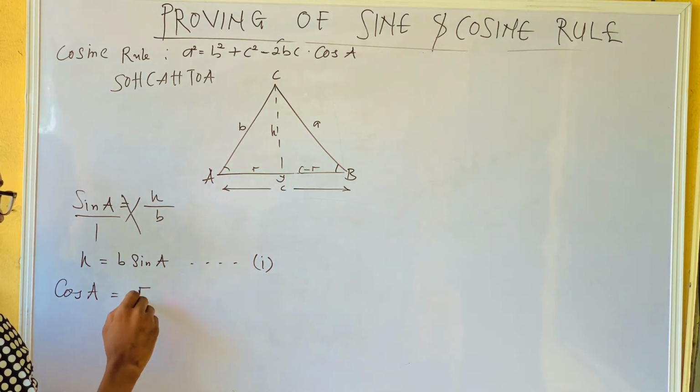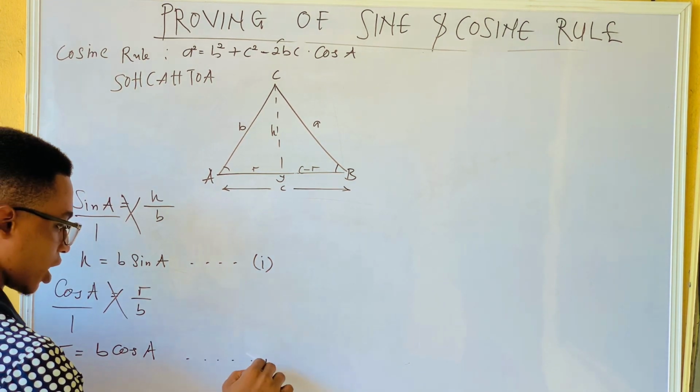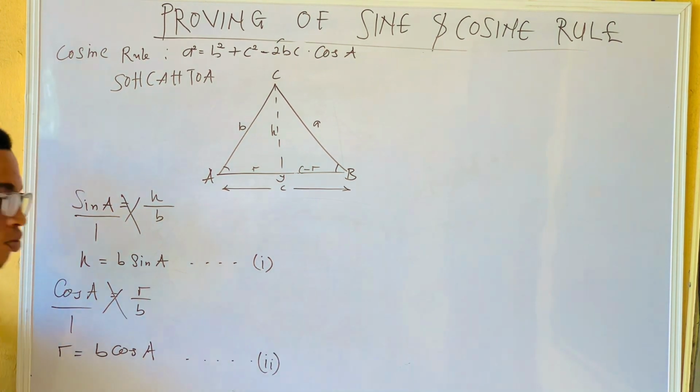We have r over b. As well, we need to cross multiply. In here we have r is equal to b cos A. Let's denote this as equation 2.